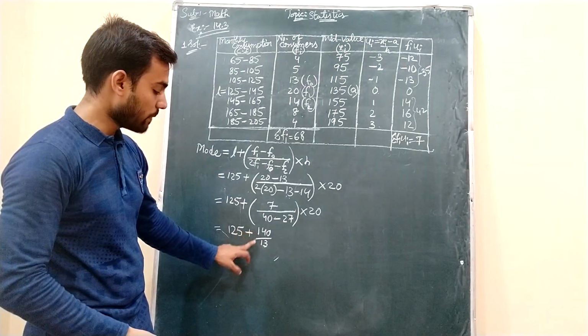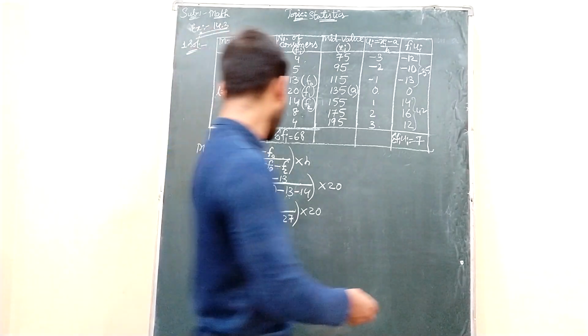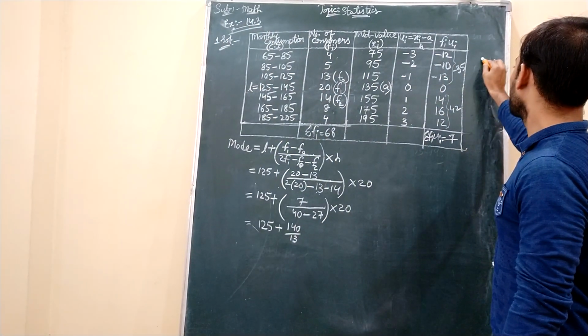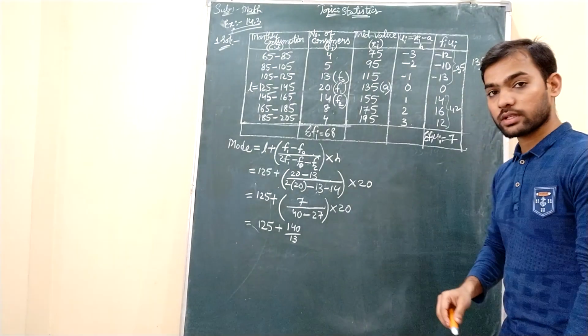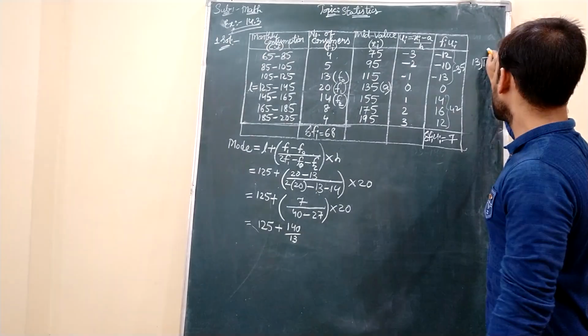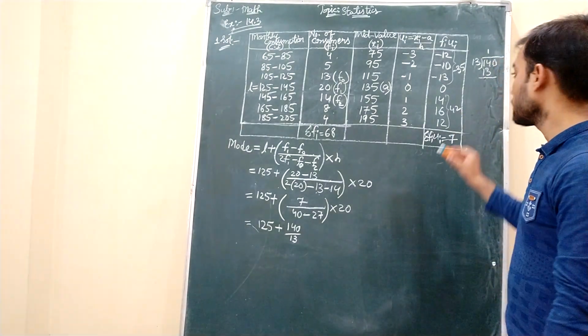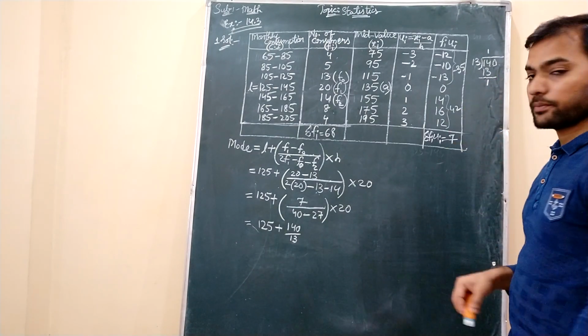Now we will divide them. Whatever answer we will get, that answer we will add to 125. In rough column we will divide 13 and 140. 140 divided by 13 we are doing. Okay students, firstly 13 ones are 13. How many remains? 14 minus 13 gives you 1.